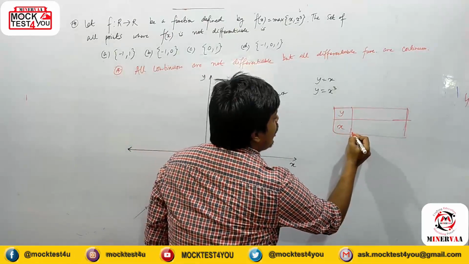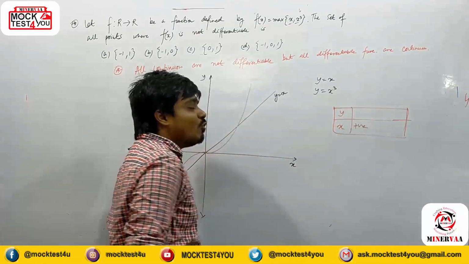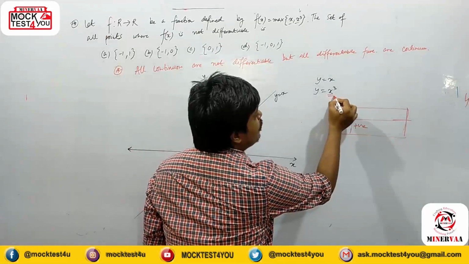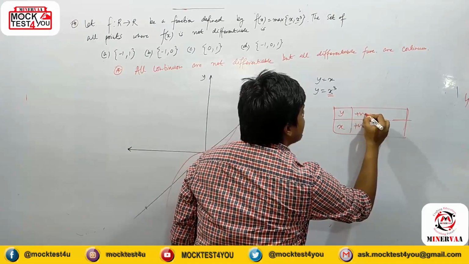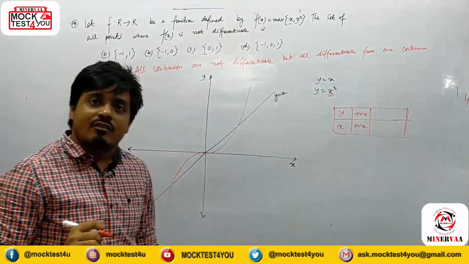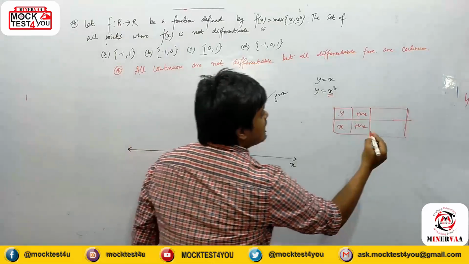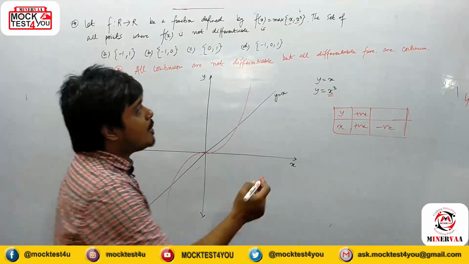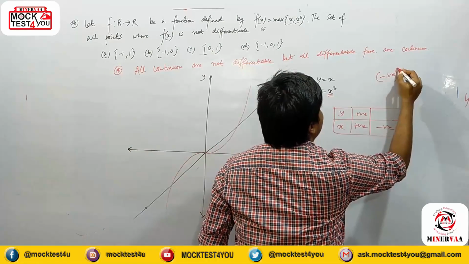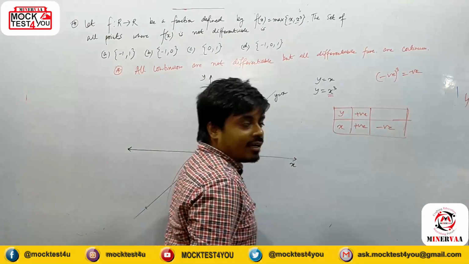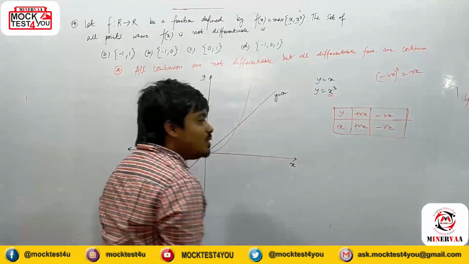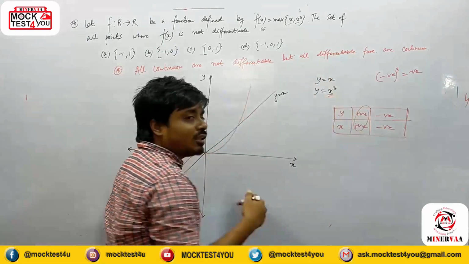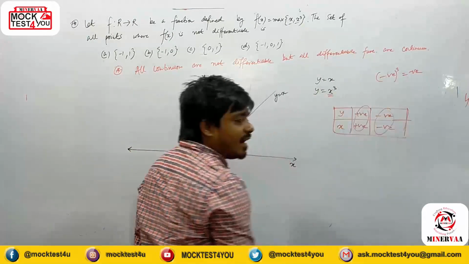Tell me, when x is positive, what is the value of y? Is y positive or negative? If x is positive, y is also positive, because positive cube is positive. Now if x is negative, y is also negative, because a negative cube also comes negative. Now tell me in which two quadrants x and y are both positive or both negative.